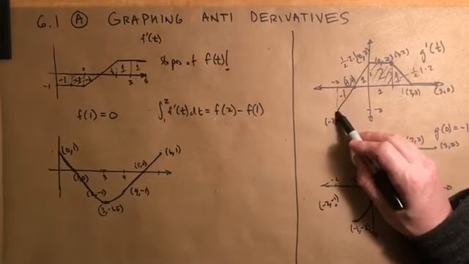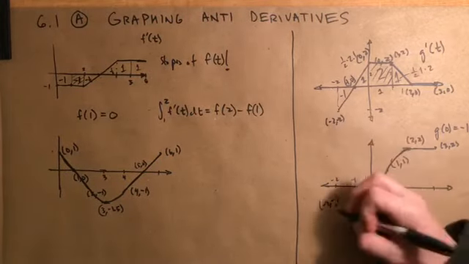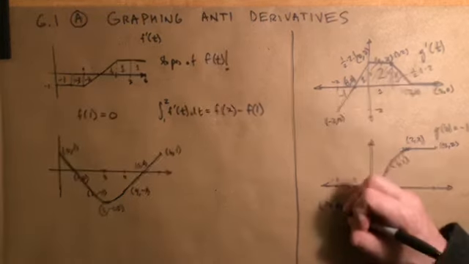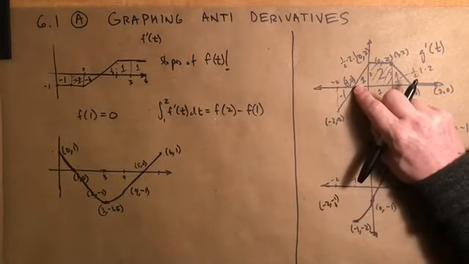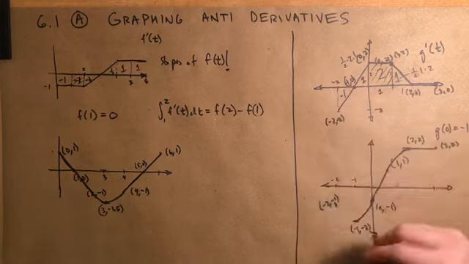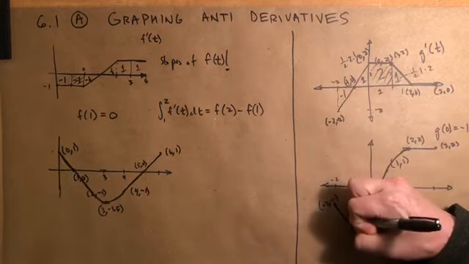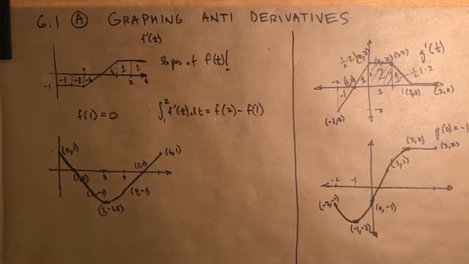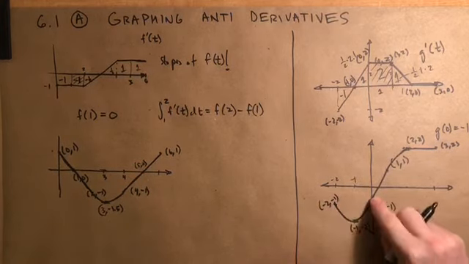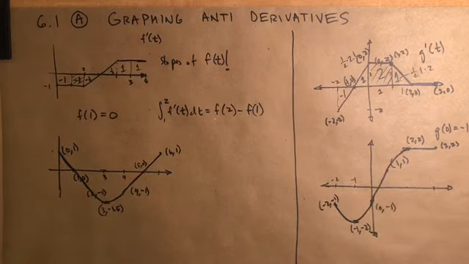The slope here was -2. So we're going to have that nice negative slope. The slope at 0, or at -1 was 0, and we see that linear function, and I can really transition that into a quadratic. In our next problem, we're going to start doing some old exam questions to begin to play with the idea of graphing antiderivatives.